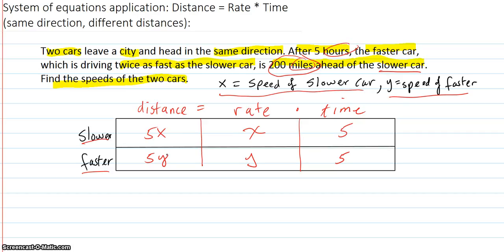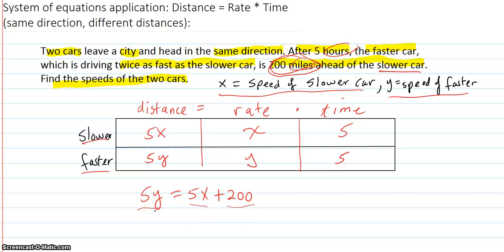And what are we going to do with those distances? Alright, well, we have the 200 miles. And the faster car is 200 miles ahead of the slower. So if you take the slower distance and add on the 200, that's where the faster car is.